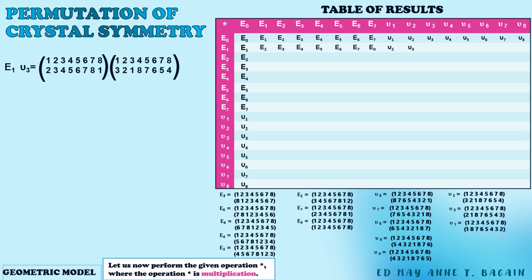The new one is 4 because below the 3 we have the 4. That is why the new one is 4. The new 2 can be seen at 2 and it's 3. And the 3 can be seen at 1 and it's 2. So what is the element? Okay, it's epsilon sub 4.